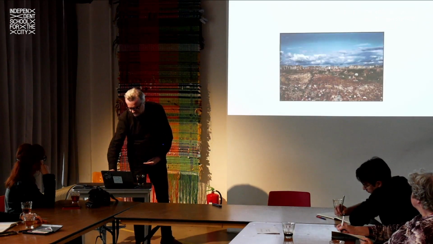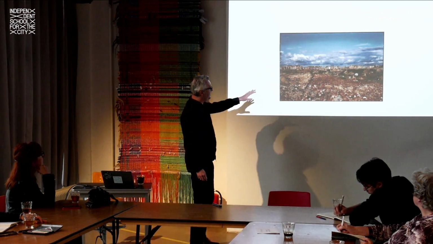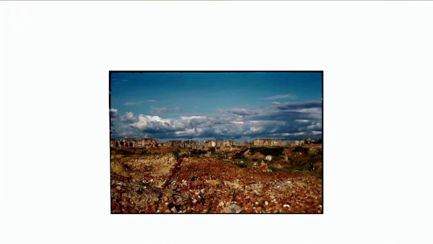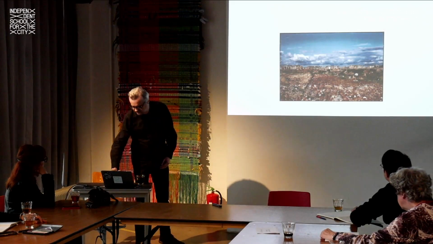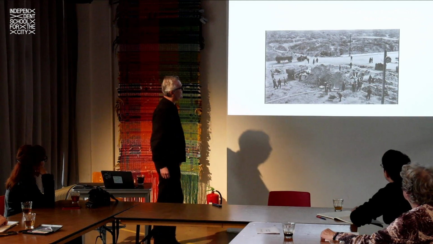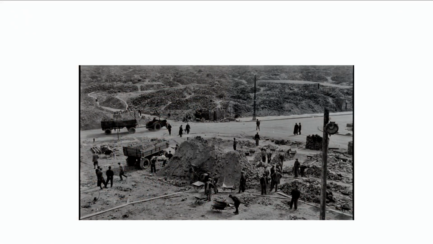And this is even if it's in color, this is a picture from just after the war. So it was one enormous field of rubble with some ruins still standing. It was one of the biggest urban destructions that we know of. Here you can see the rubble went on endlessly.